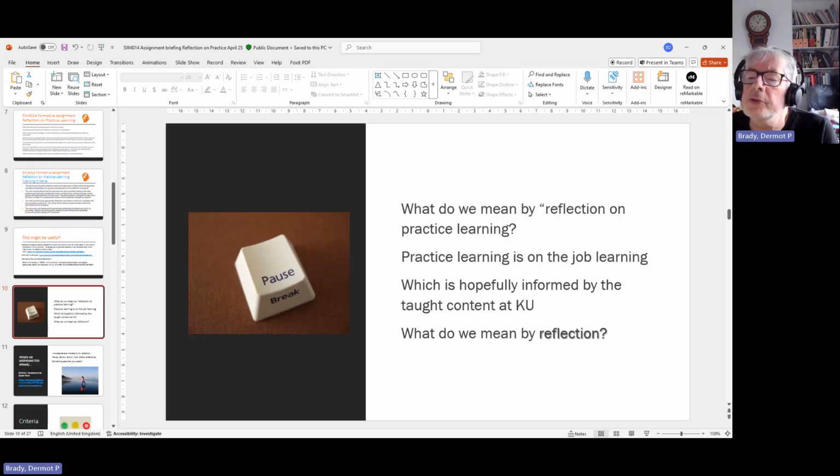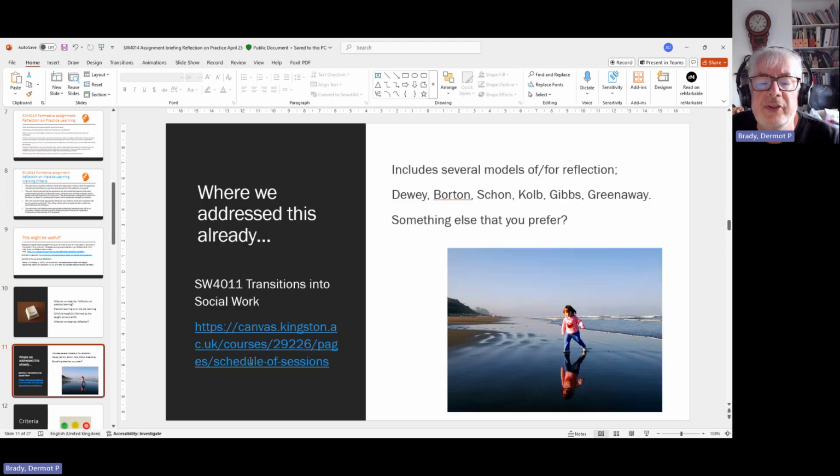So back to the break. So what do we mean by reflection and practice learning? And obviously practice learning is on-the-job learning. But practice learning might also happen in the class, or the two things might interconnect in ways. So let's then move on to reflection. It seems kind of obvious. People talk about it a lot in social work. There are lots of different models here.